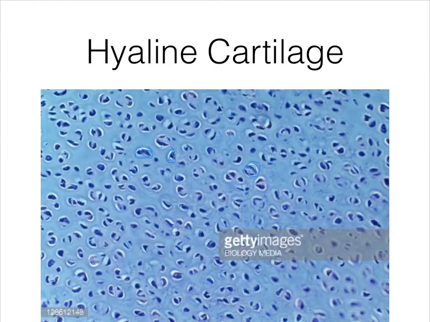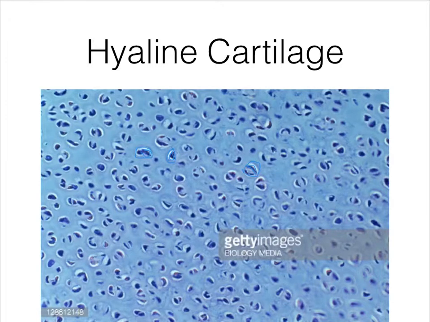Hyaline cartilage is identifiable because the background, the matrix between the cells, is going to be fairly non-fibrous and sort of translucent. It'll look kind of like Jello or something like that.